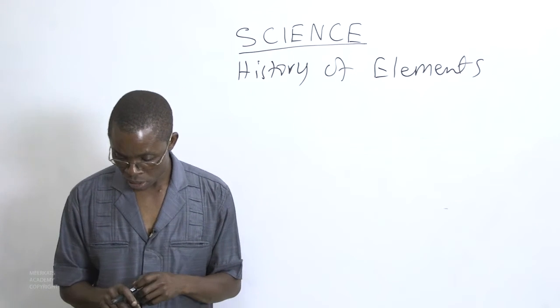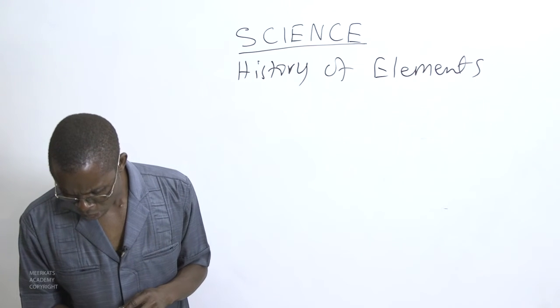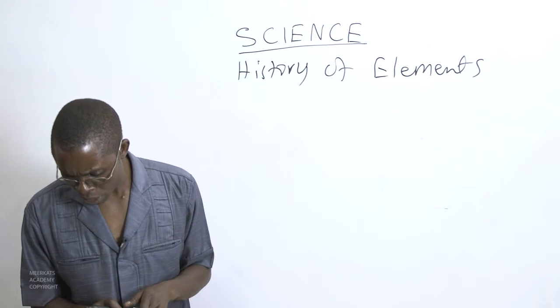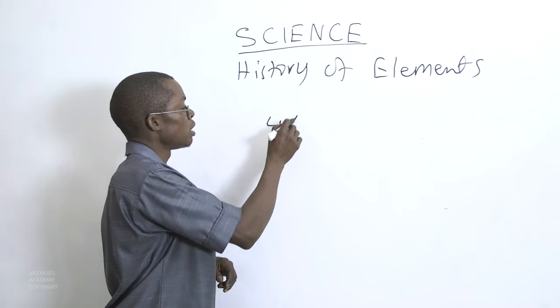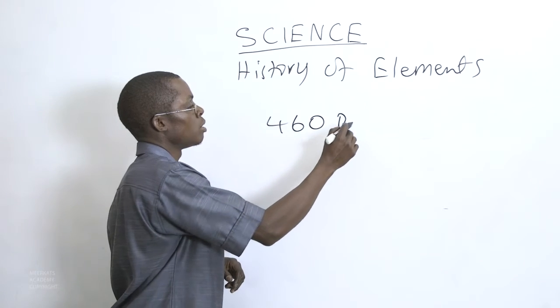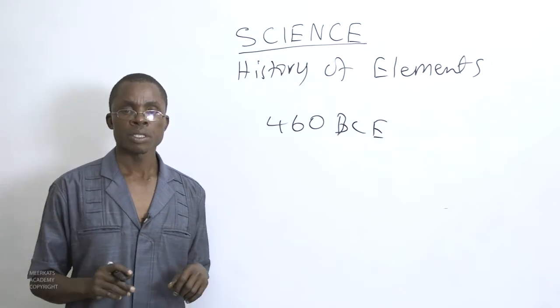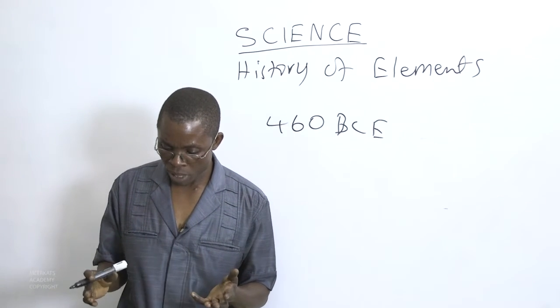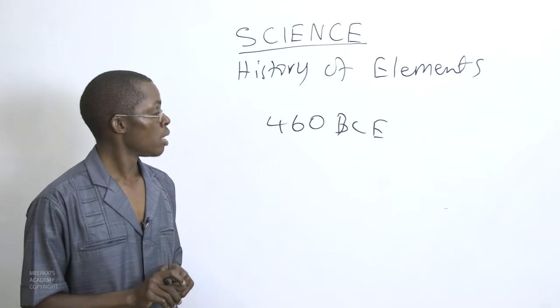So a question for today: in what ways were the atomic models of Democritus, remember that is in 460 BCE, so in which way were Democritus and Dalton similar?